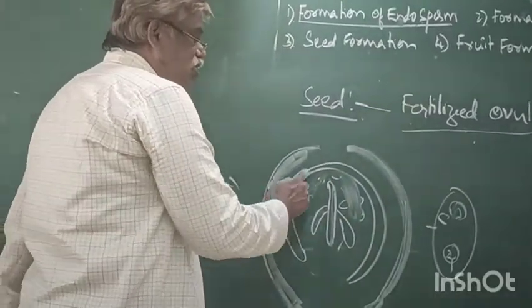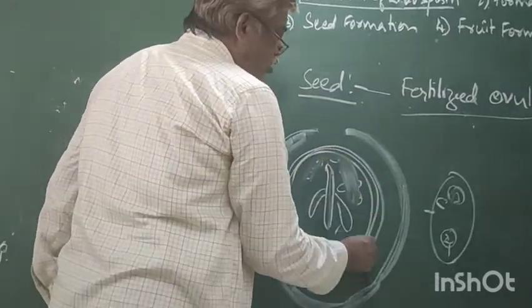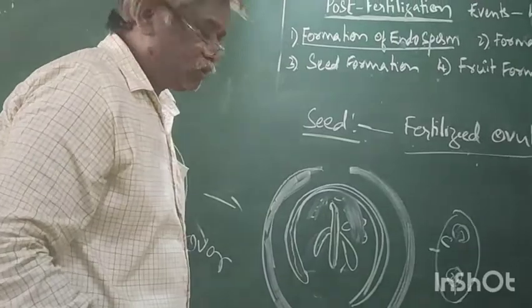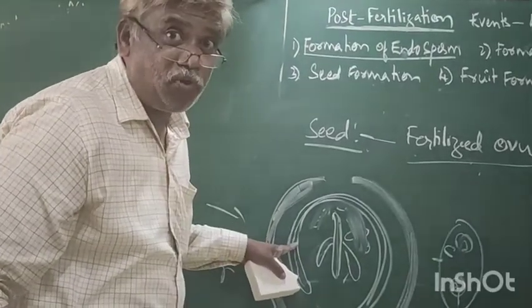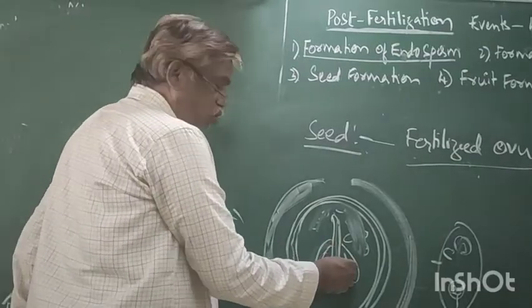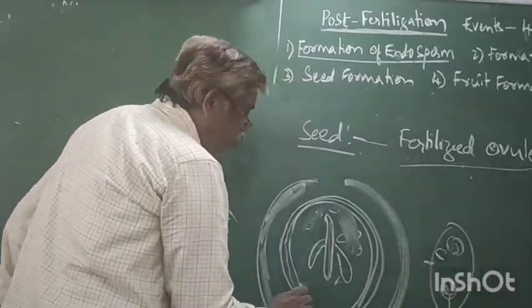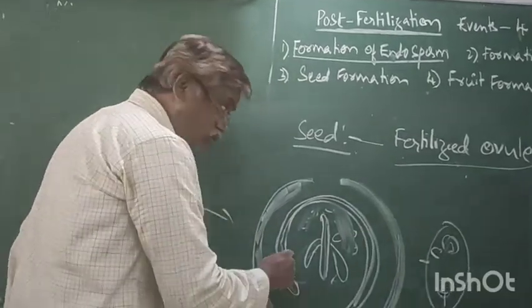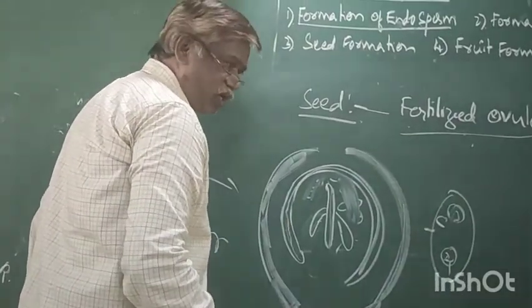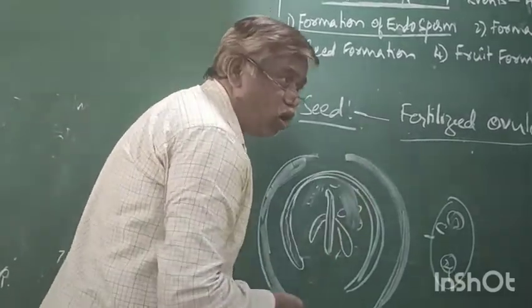Now, what is this layer? It was once the integuments of the ovule. This embryo is as it is with the covering. That means this covering belongs to whom? Actually, the ovule.